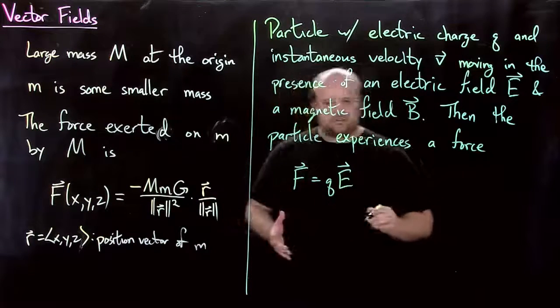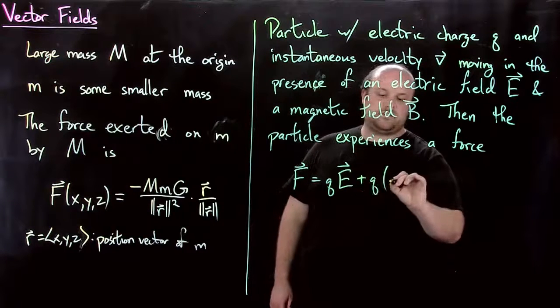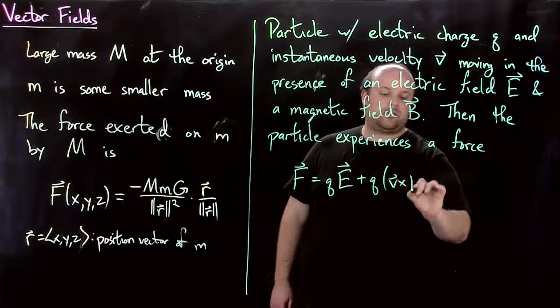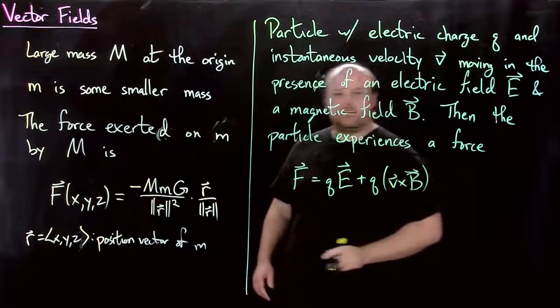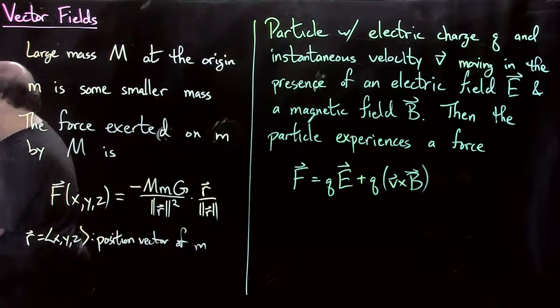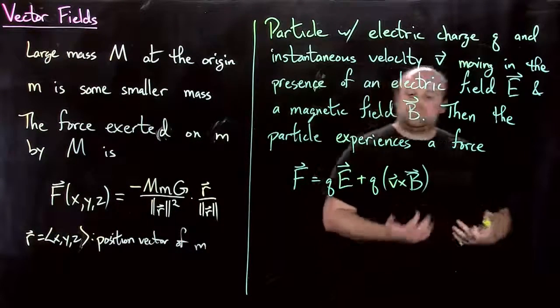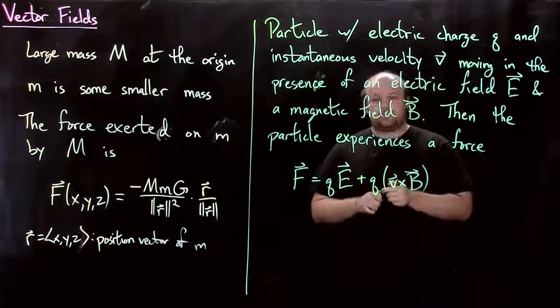But we also have the charge times the velocity crossed with the magnetic field. And I'm pretty sure that is the right order. Excellent, it is. All right, so this is the force that it experiences.